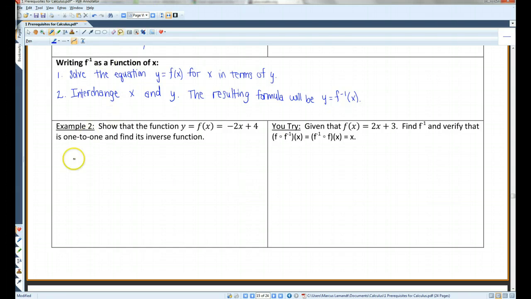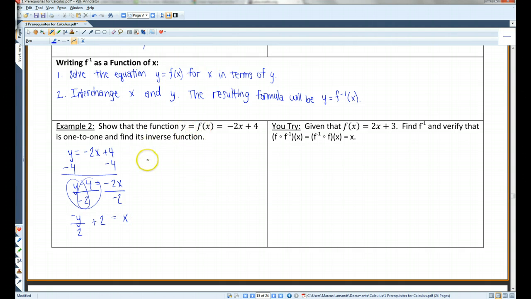For example, here we have y equals negative 2x plus 4. I'm going to solve for x. So subtract 4 from both sides. So I got y minus 4 equals negative 2x. Divide by negative 2, divide by negative 2. So now I've got negative y over 2 plus 2, because negative 4 divided by negative 2 is positive 2, equals x.